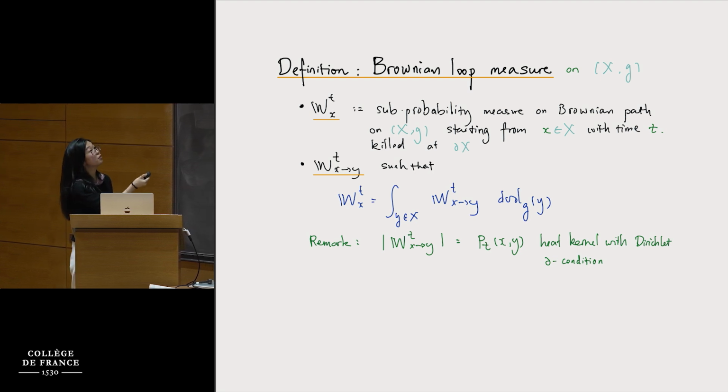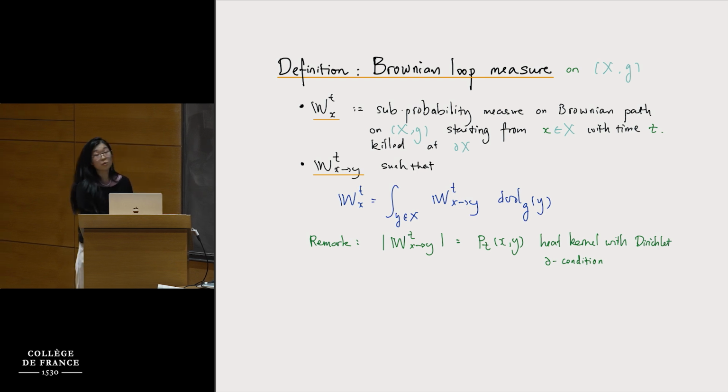Concretely, its total mass is the heat kernel. And if you divide it by the heat kernel, you get a probability measure, and that is the Brownian bridge on the surface.